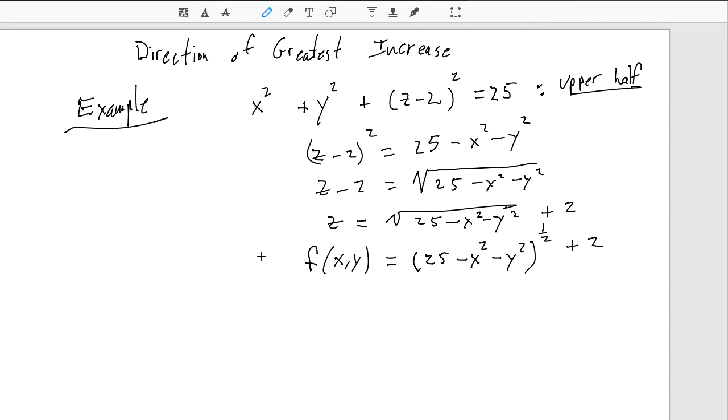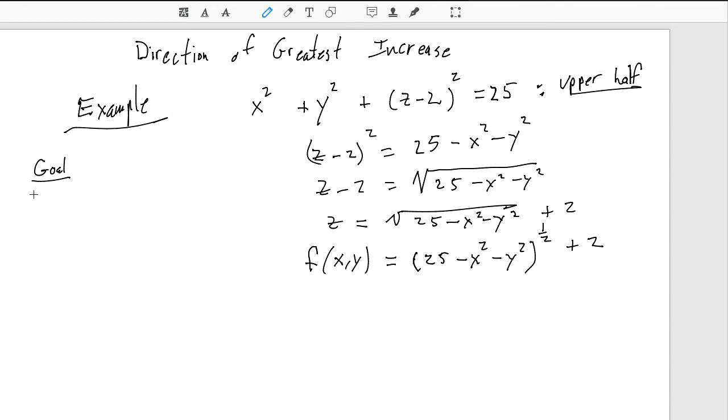Also, we are going to consider a point on this. So what we're really trying to find here is the direction. So here's our goal. I was just playing around with this formula, so that's why I didn't quite have this written out how I should.